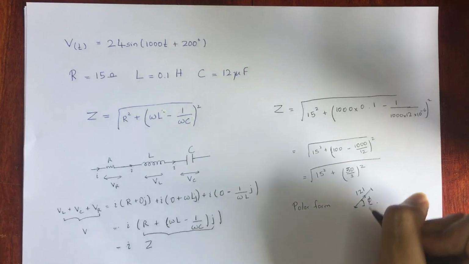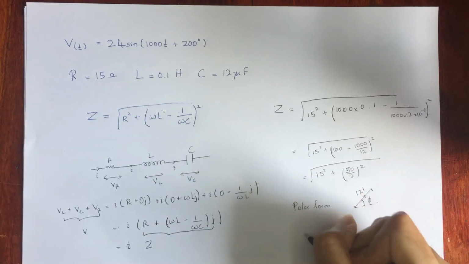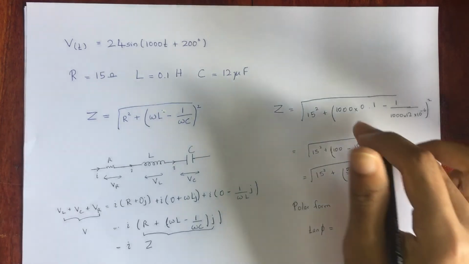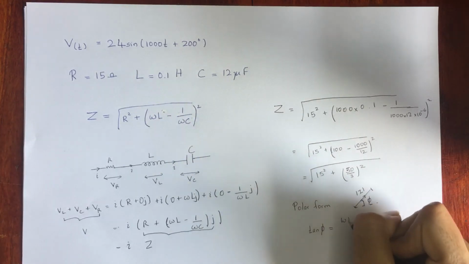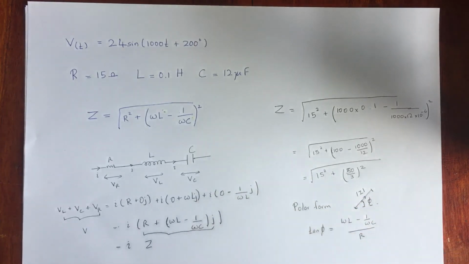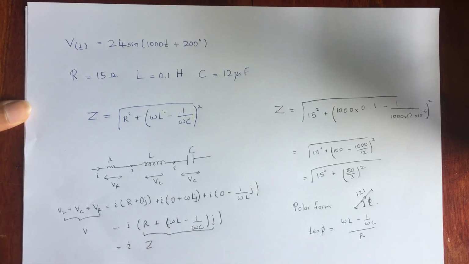For finding the phase angle, we can directly use the equation, which is tan phi equals omega L minus 1 over omega C, over R. If we substitute over here, you will be getting the answer. And the main thing is, you can get the Cartesian form by substituting the values in this equation.